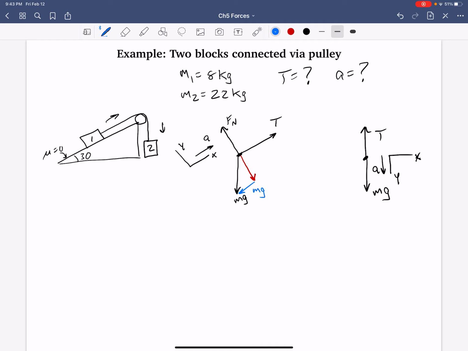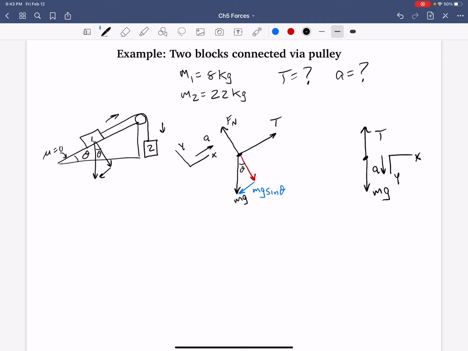So in blue, that's mg sine theta, if our angle is right there, right? And it is because we specified that to be theta, right? That's the same as that, right?